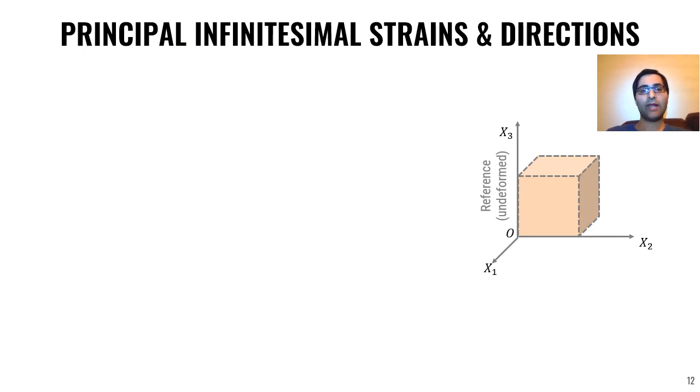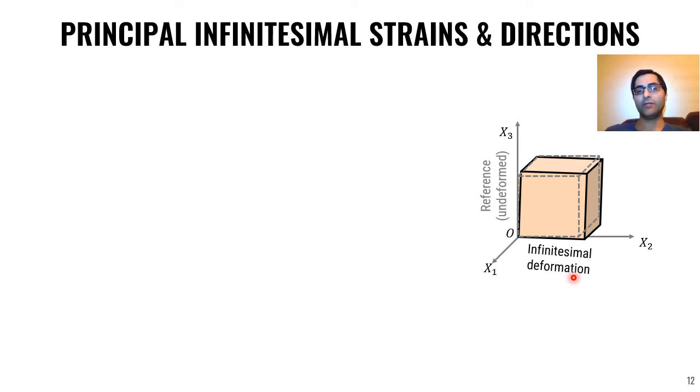You remember from last session that we talked about the infinitesimal strain tensor. Well, now it's not very strange to know that we can have principal strains and principal strain directions. Look here, we have the reference or undeformed cube.